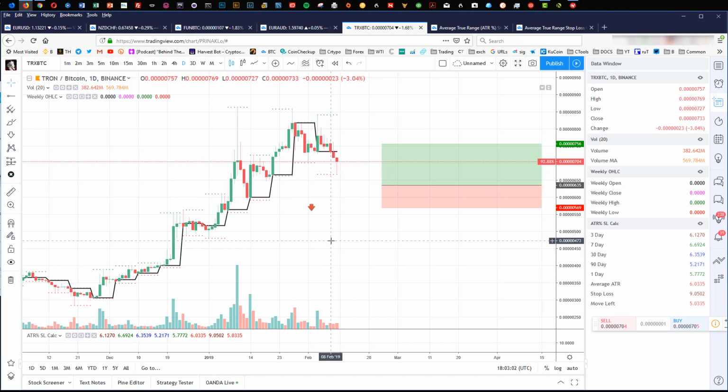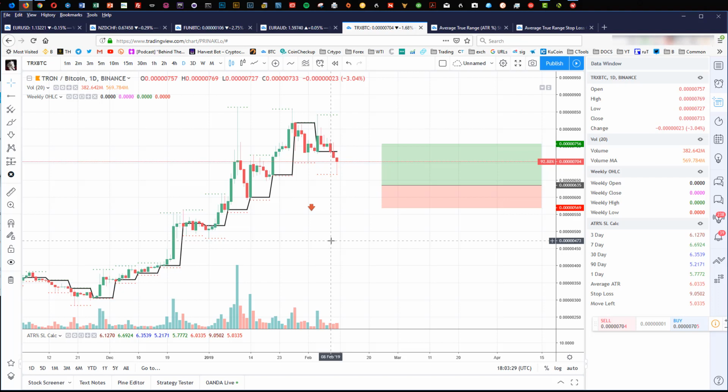Oftentimes I've found it helpful that you actually know the real numbers or the percentages at a glance that something has moved, especially a percentage move, because then you have a different perspective. It's a number. It's not visual.